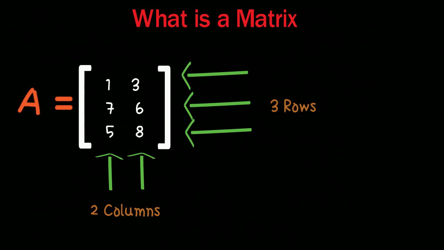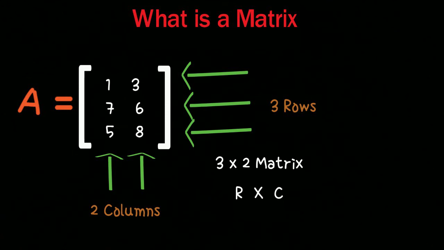So it is a 3 by 2 matrix. Usually we write the order of a matrix first by row, then followed by column.